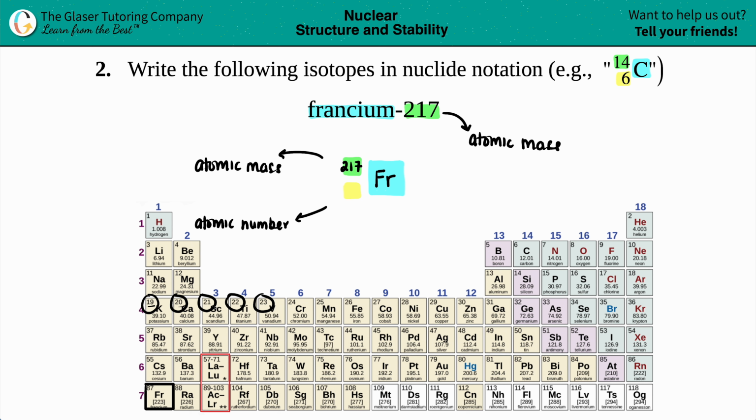So 19, 20, 21, 22, 23, 24, 25, and so on and so forth. So if we look at the example, there was a 6 for carbon. There's the 6. For francium, there's an 87. So I know that the 87 has to go on the bottom, and you're done with your notation.